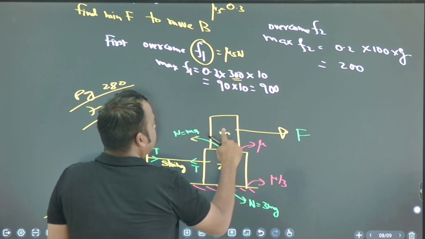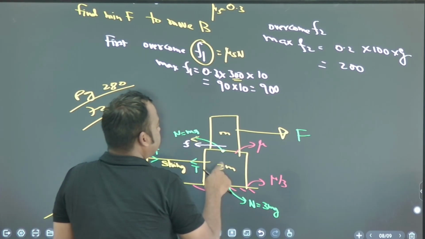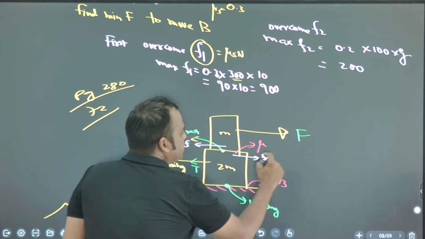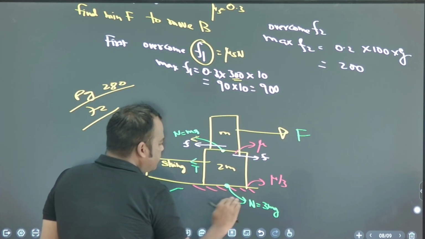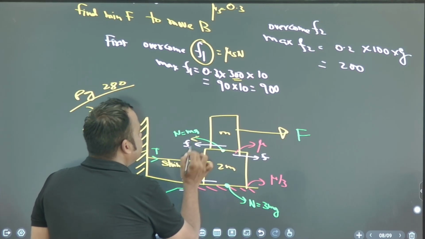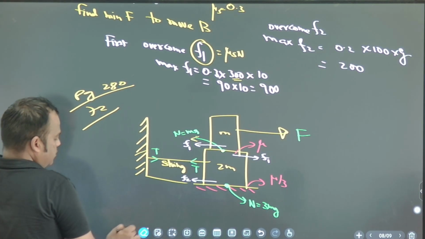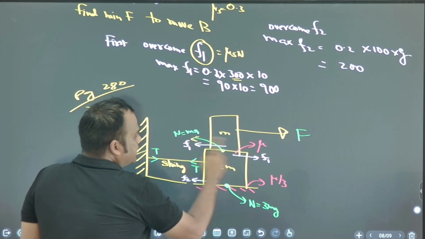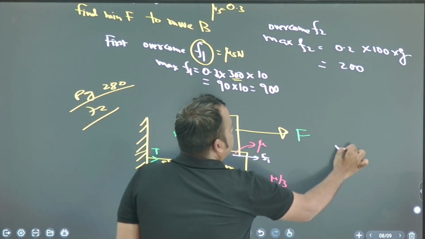Okay, so for M, what is the direction of friction? Left. For 2M, what is the direction of friction due to M? Right side. Good. Now because of this friction, 2M will move right side. So ground will exert friction where? Left side. You can call it F1. So this is F1, this is F2. This is F1 on M due to 2M. Action reaction. So this is F1 on 2M due to M. So free body diagram you can draw like this.